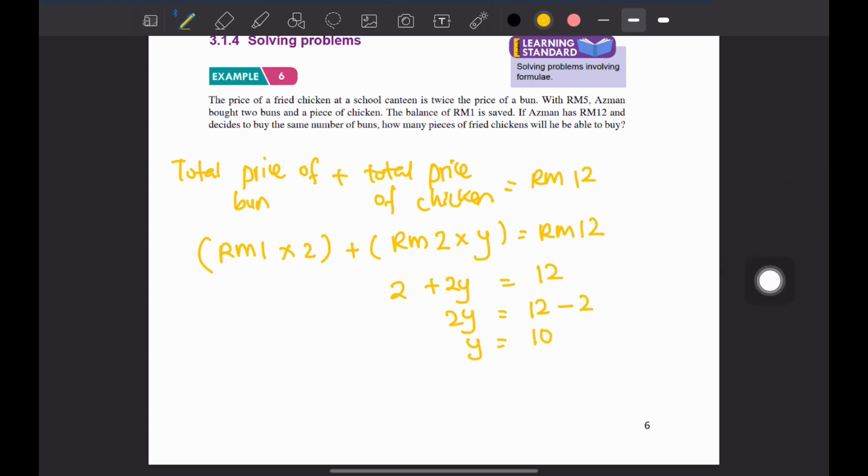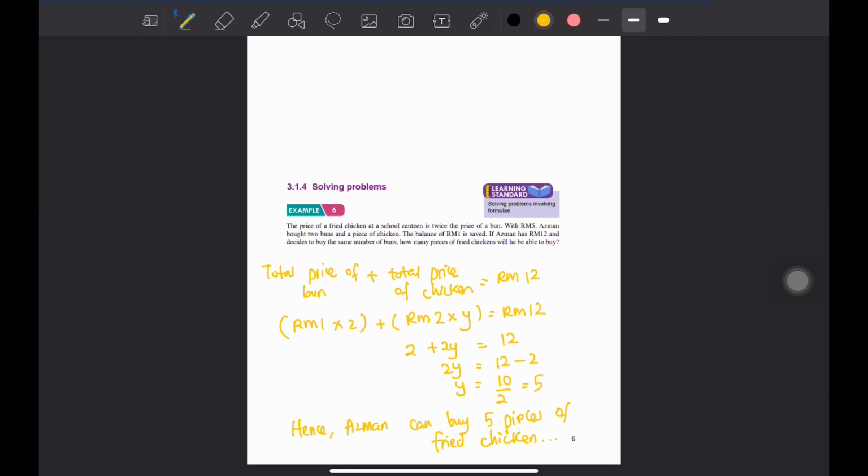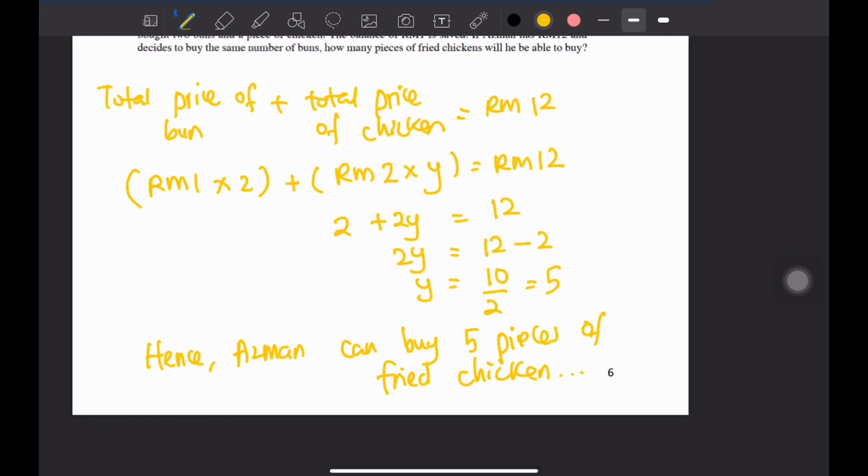So pindah ke sebelah jadi bahagi. y equals 10 divided by 2 is equals to 5. Hence, Azman can buy 5 pieces of fried chicken. Sedapnya fried chicken.